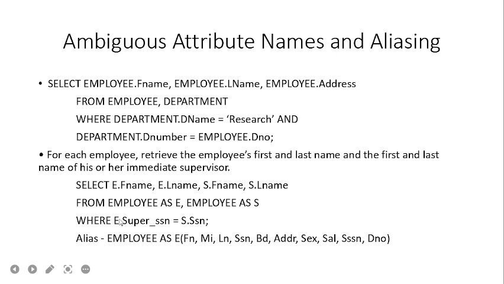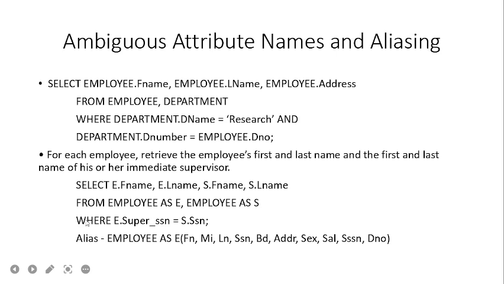Then we give E dot F name, E dot L name, S dot F name and S dot L name. Here we are using aliases for the employee relation. It is the same relation, nothing is going to happen to that relation, but we are making different names, or aliases, for it.